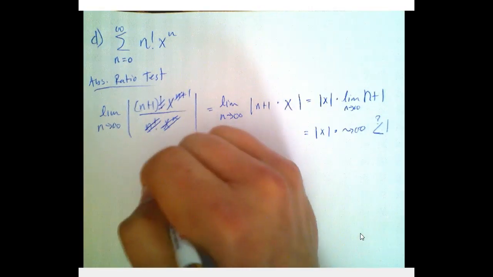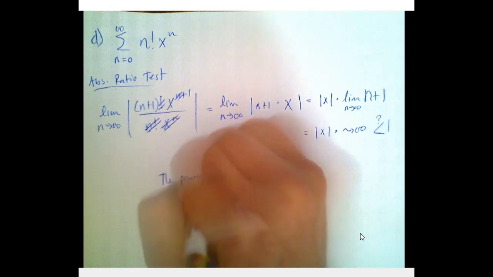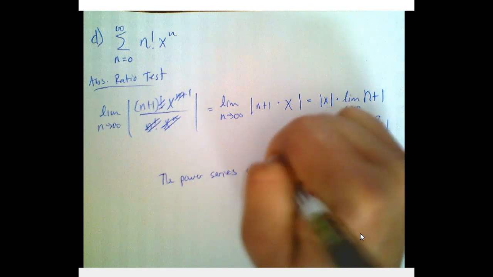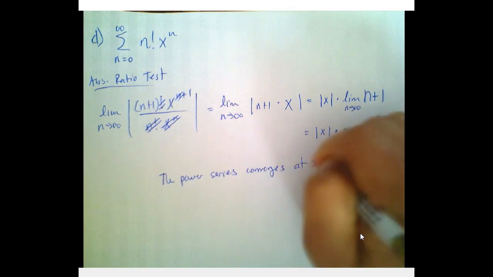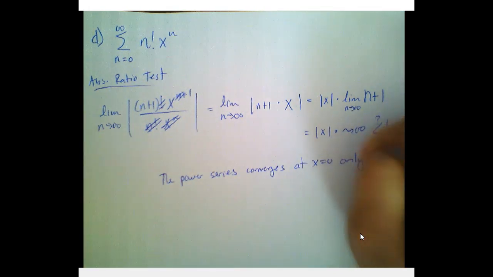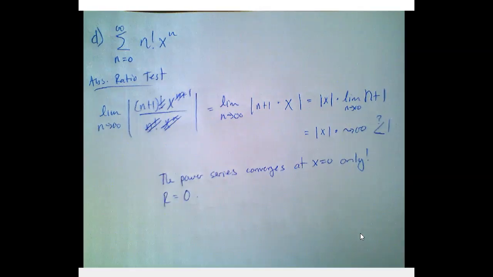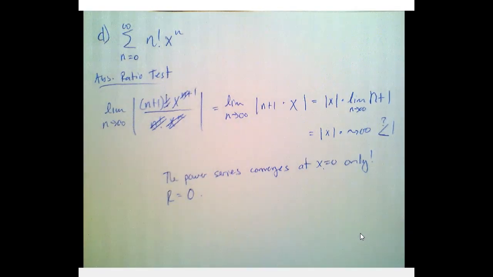So the power series converges at x equals 0 only. So the radius of convergence is 0. Of course, there's no interval because we just have one value of convergence here.